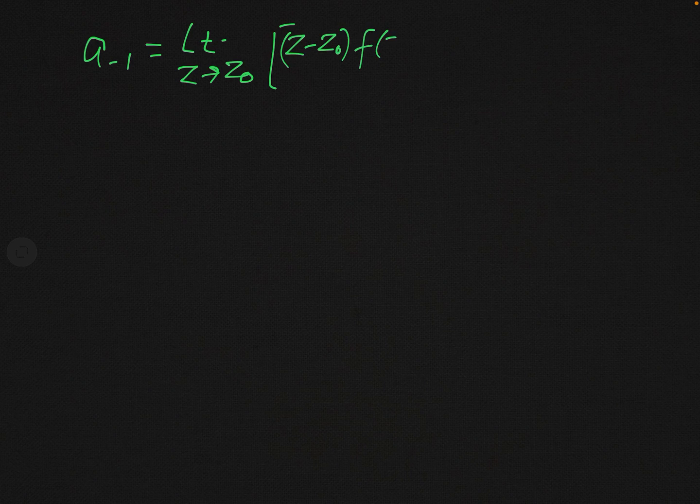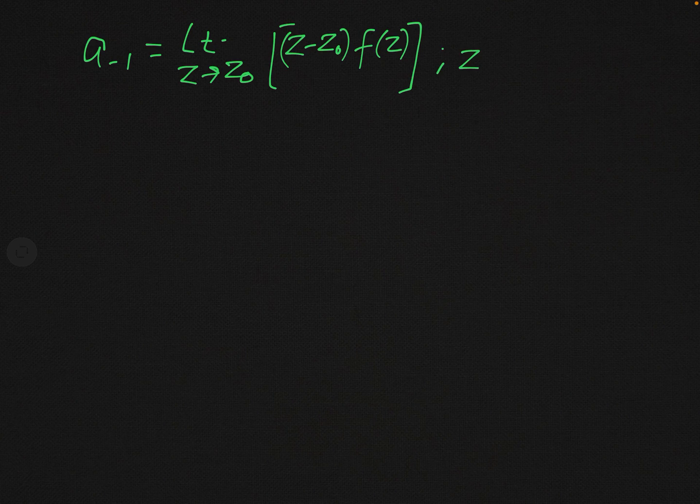You know, in general this residue is defined as limit z tends to z naught of z minus z naught into f of z. This is the formula for evaluating the residue of an analytic function in case of a simple pole.